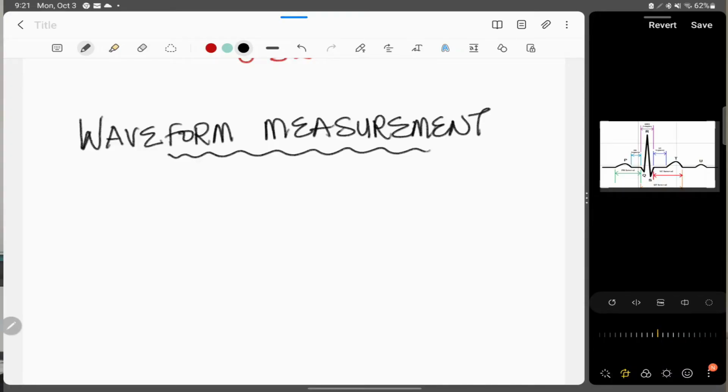So let's now discuss measurement of waveform. How did we arrive at those measurements? We said that a PR interval should be between 0.12 second and 0.20 second.